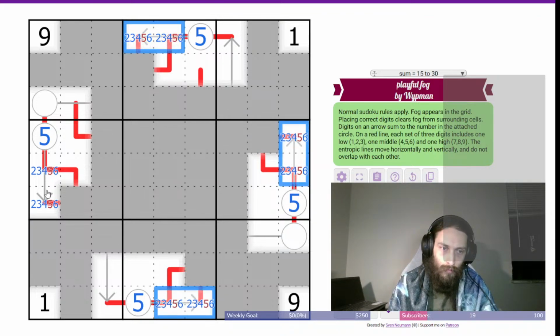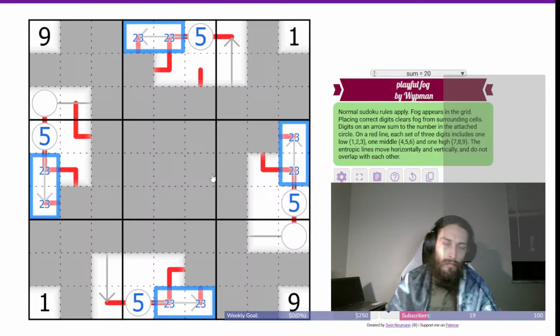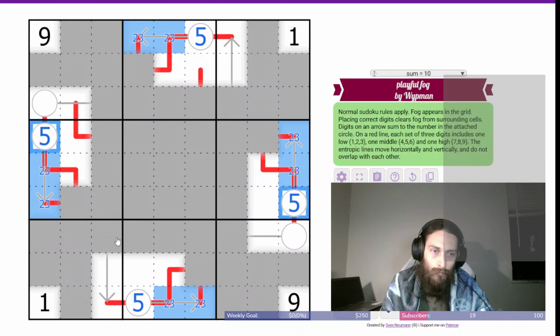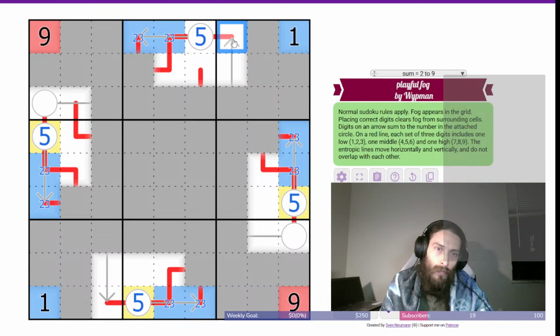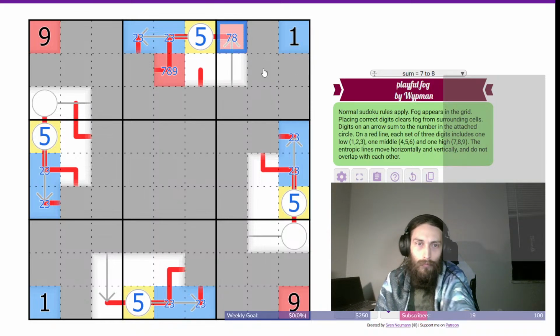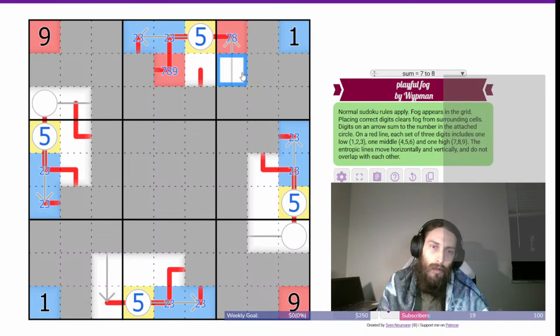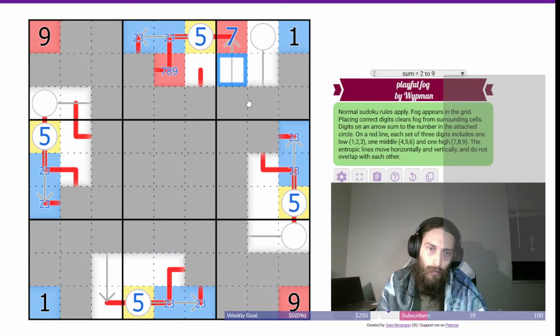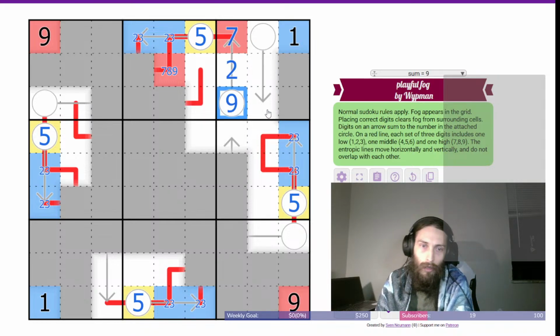And 2, 3s for all those arrows. This 5 is yellow. These are going to be 7, 9 red. And whatever arrow this is on, it has to be a 7, a 2, 9.